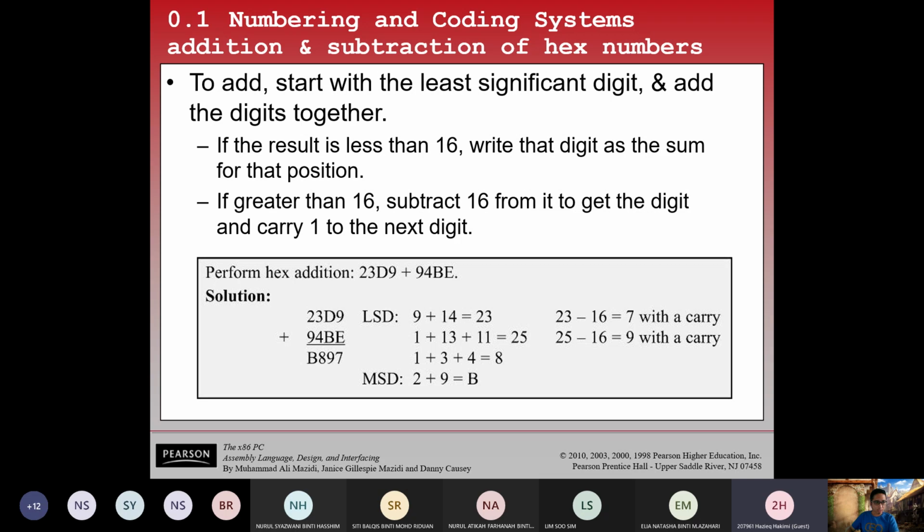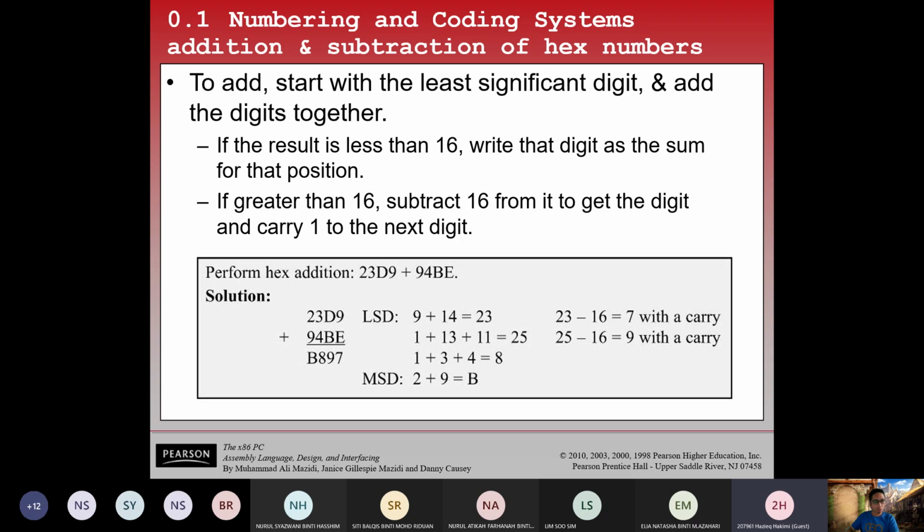But here, you cannot write 23, because for the hex numbering, it is from 0 to F. F is 15. So you need to minus this 23 with 16, so you obtain 7. So you can carry 1 over there. So it becomes 7 over here.